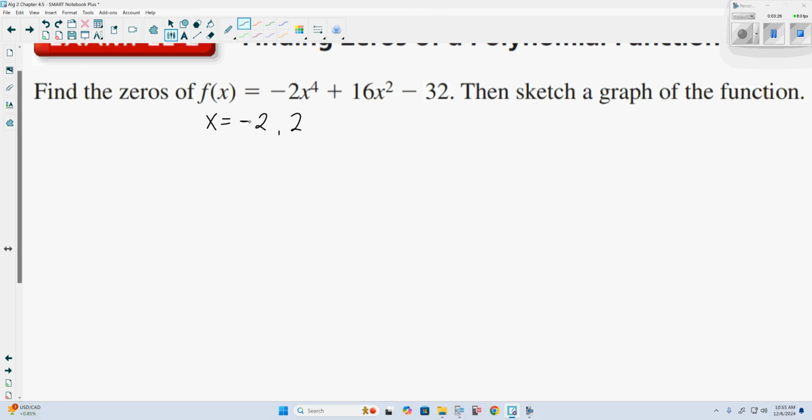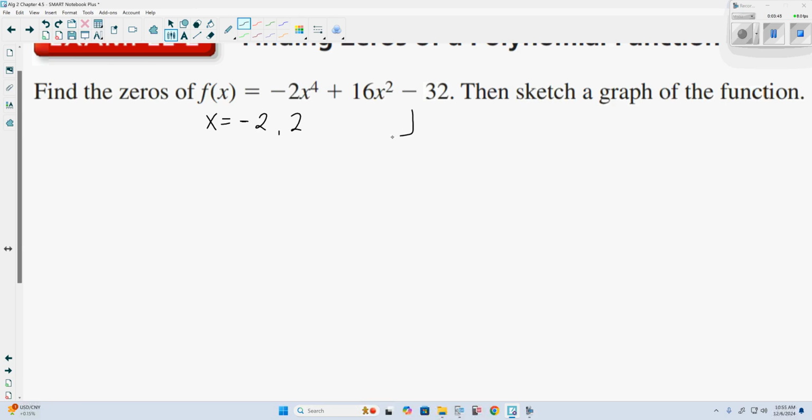And as I talked about in the video, we can use division, or synthetic division, long division, to actually find the others. Because according to the remainder theorem, whatever the remainder is when we do synthetic division is the value of the function if we plugged it in.